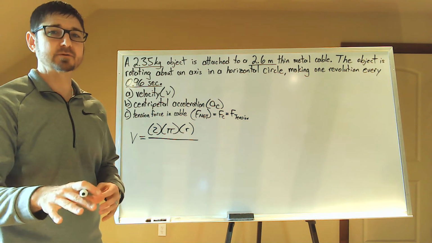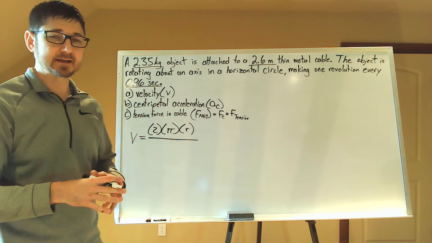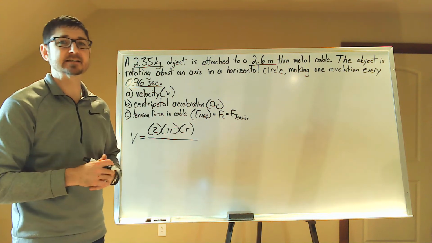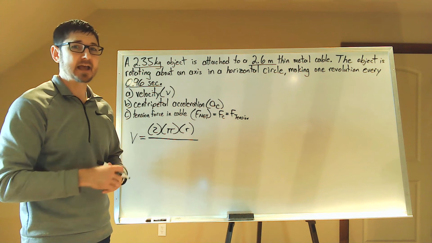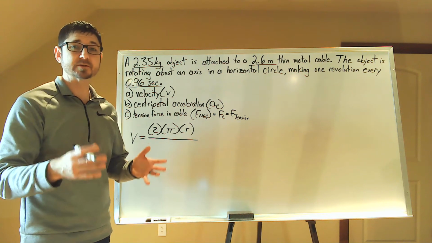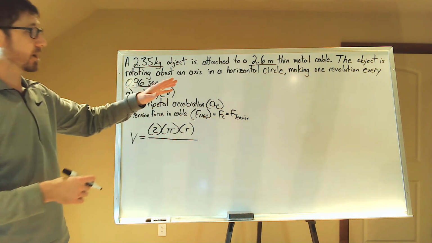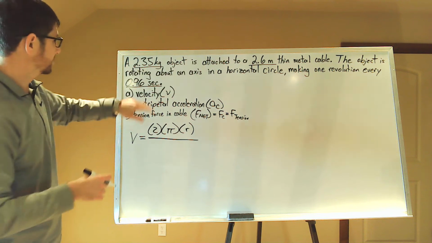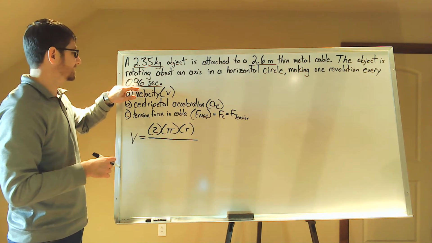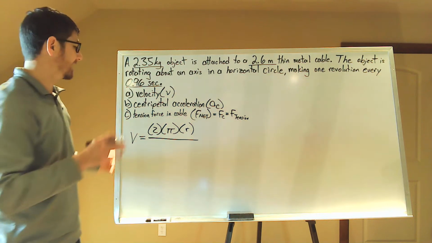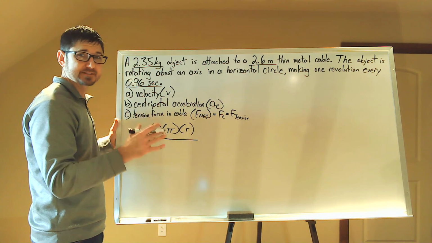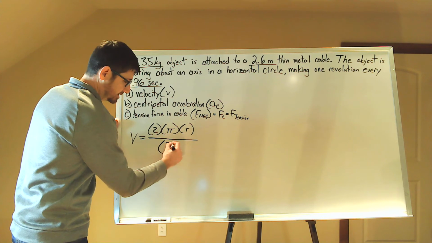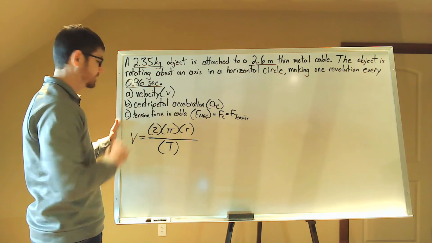Now, not time interval, but time period. And time period in this case is the amount of time for the object to make a full rotation or one complete revolution. And the problem tells us it makes one revolution every 0.96 seconds. And time period is identified by a capital T, not delta T, capital T, okay?